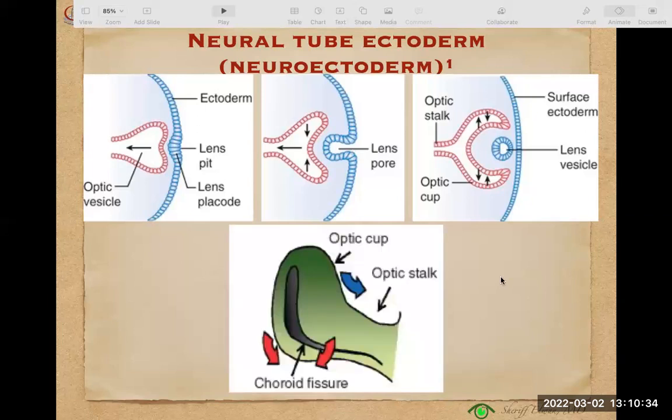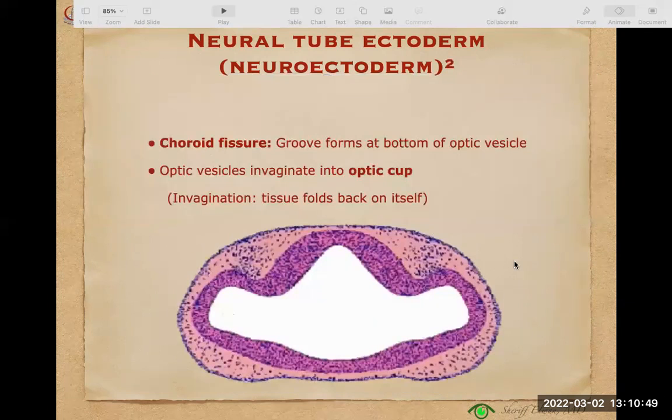All this occurs with a choroidal fissure, a sort of deficient part on the lower side of the optic vesicles. We'll see more photos and diagrams later on.